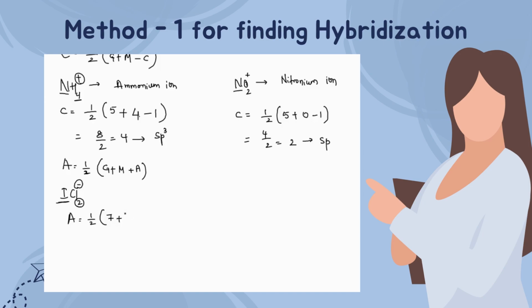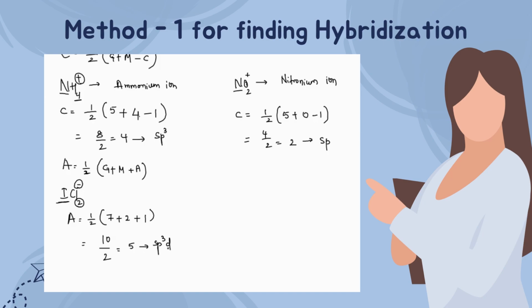So you write it as 7 plus 2 plus the overall charge, which is only 1 minus. That means there's only one negative charge, and you need to add that charge. So 7 plus 2 is 9, plus 1 is 10 by 2, which is equal to 5. When the overall value is equal to 5, the hybridization is said to be sp3d hybridization.